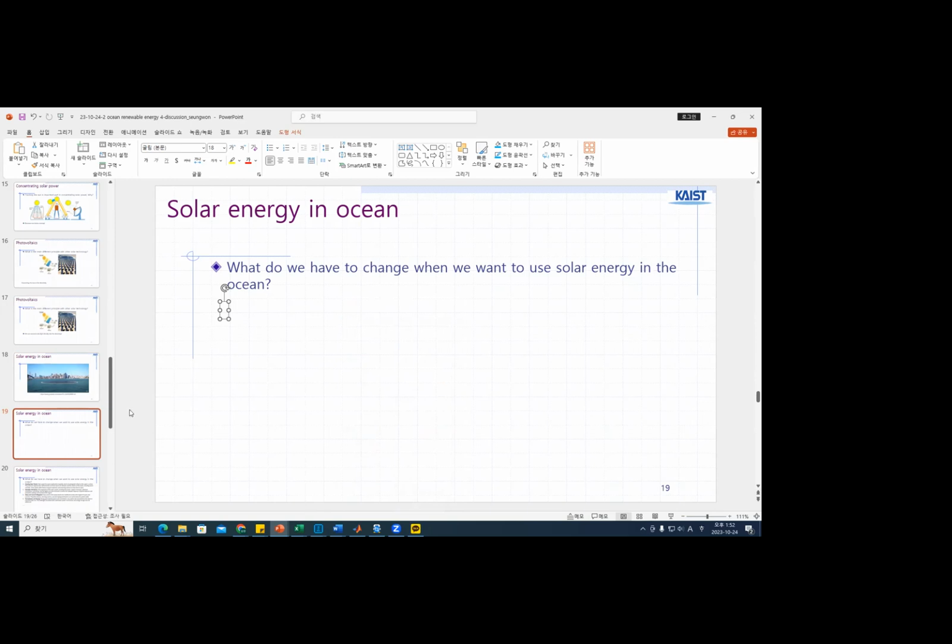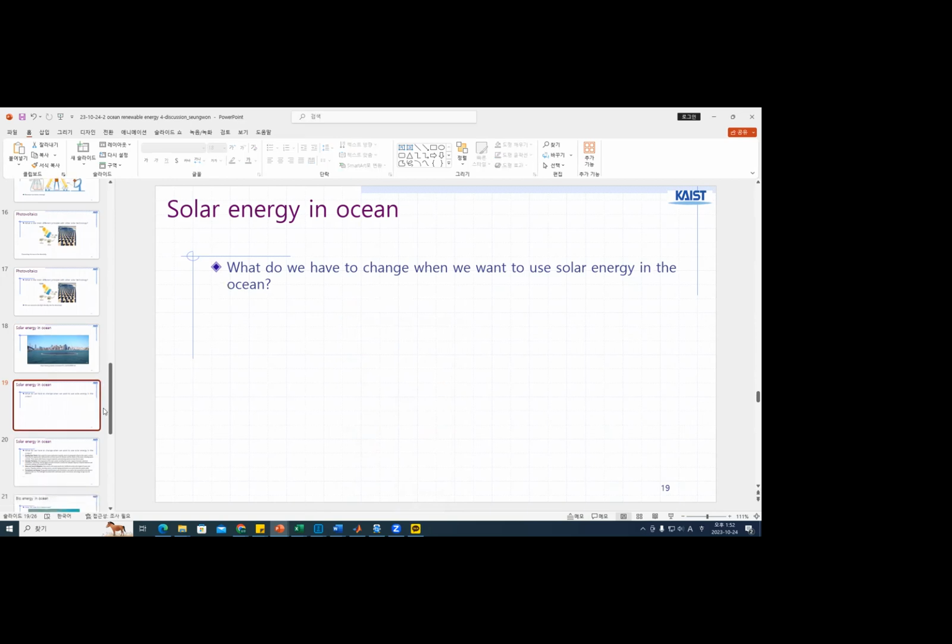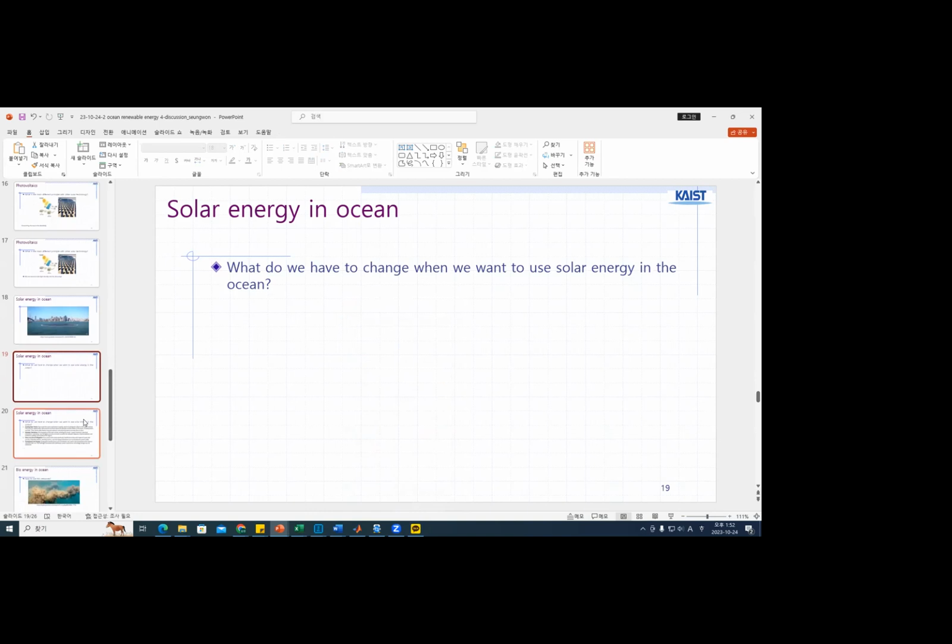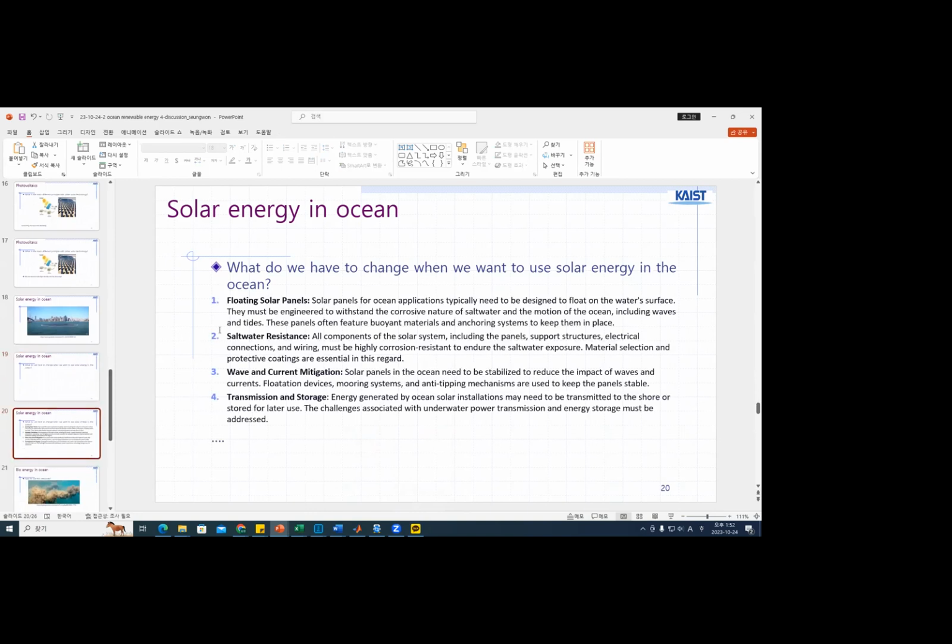Okay, if you don't have any opinions, I will show my answer. As you see in the video, we have to make the solar panels float in the ocean, and they should also have saltwater resistance and wave and current mitigation.